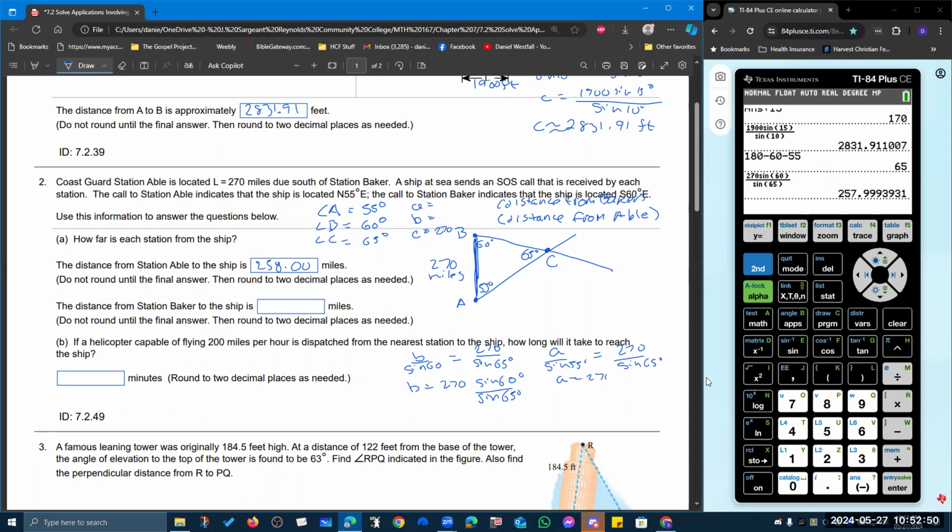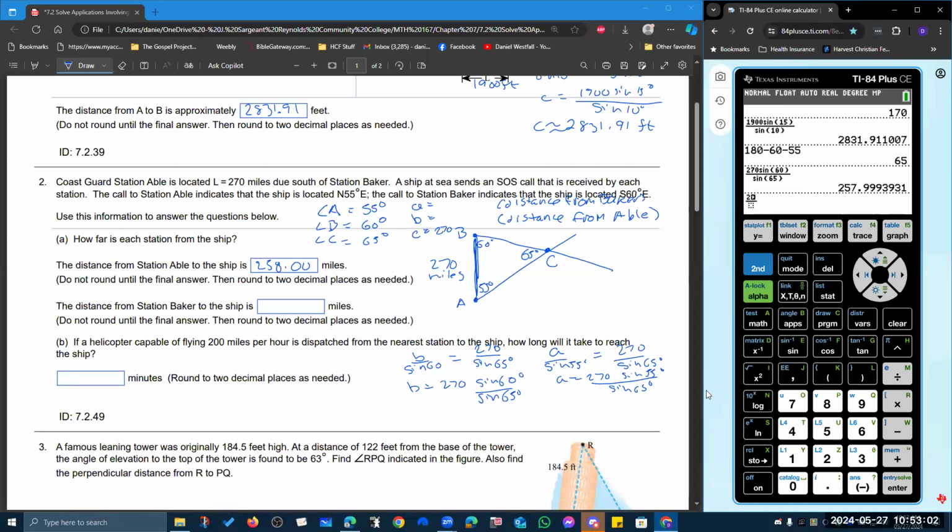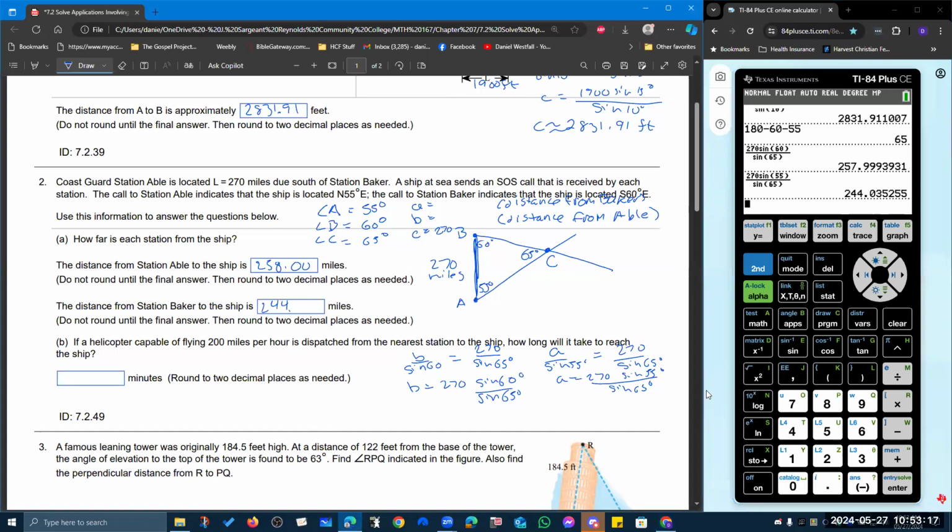A equals 270 sine of 55 over sine of 65. 270 sine of 55 over sine of 65 is 244.04. We see that Baker is going to be closer. So we're going to send the helicopter from Baker.